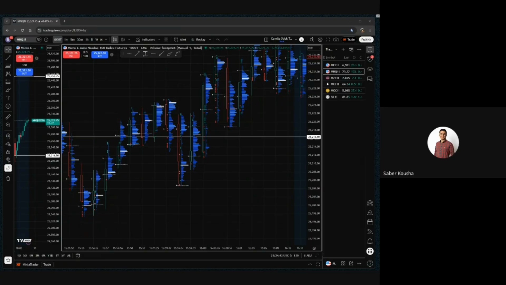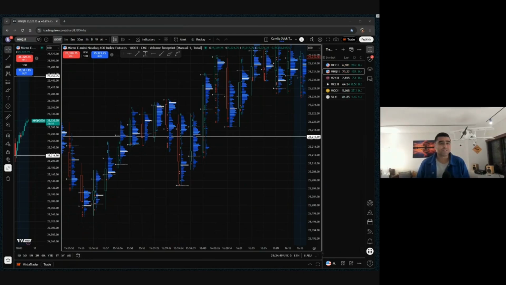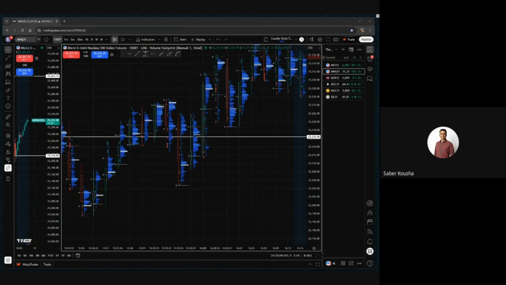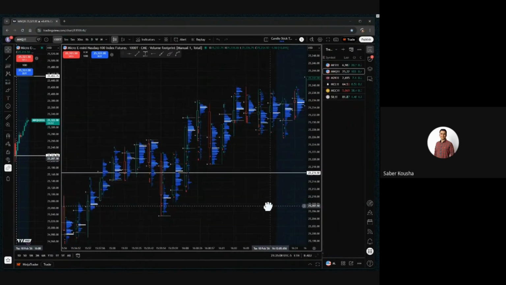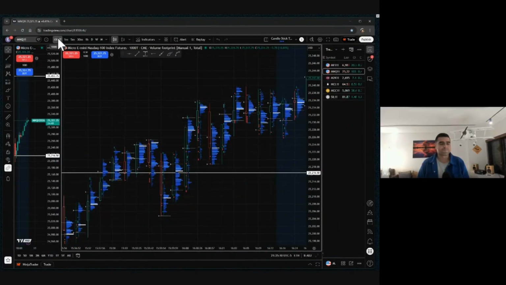I think it's a free footprint chart on TradingView. Free? No, it's not free. It's on one of their premium subscriptions. They have a trial period. I had the trial from last week or so, and I just paid for the subscription a few hours ago. I think the 1,000 tick is in one of the subscriptions, and the footprint is in another.